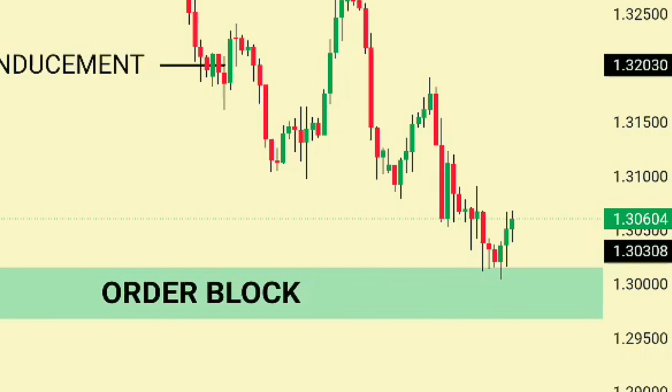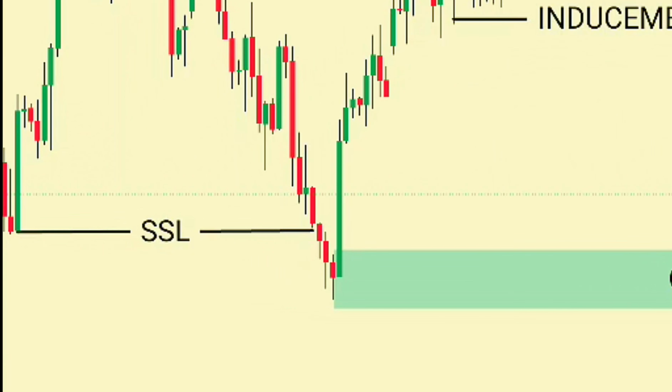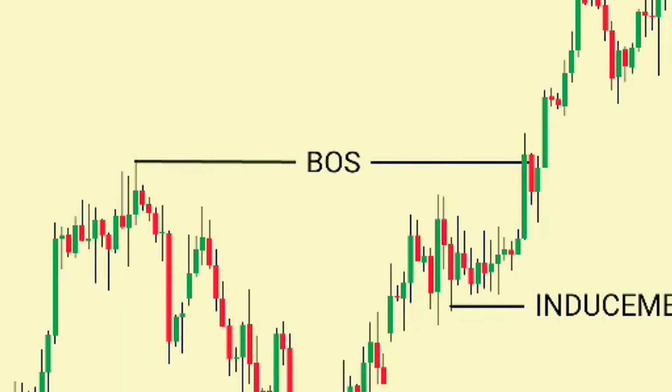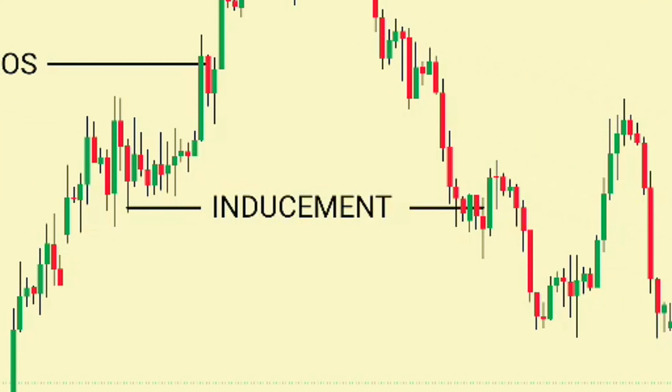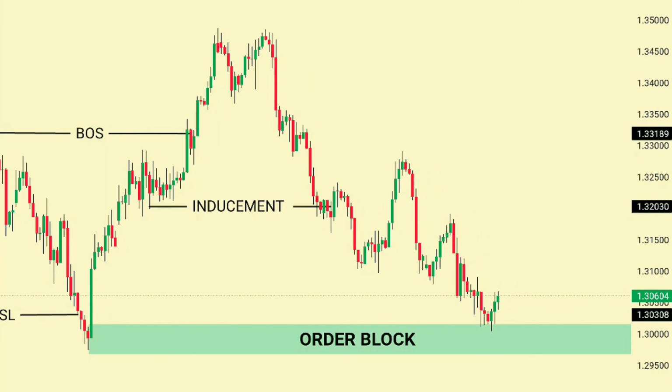At this point, the setup had all the elements I look for: a sell-side liquidity sweep, a bullish break of structure, inducement, and a confirmed reaction from the order block. With multiple confirmations aligned, I executed my buy position and placed my stop loss below the order block to maintain a controlled level of risk.